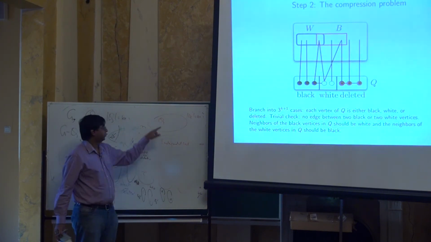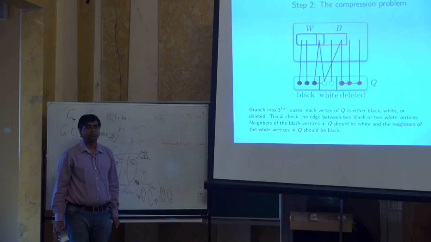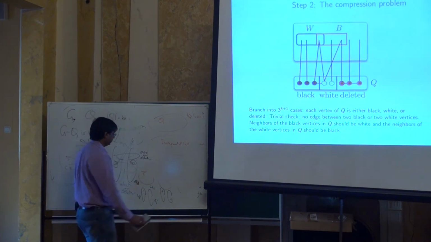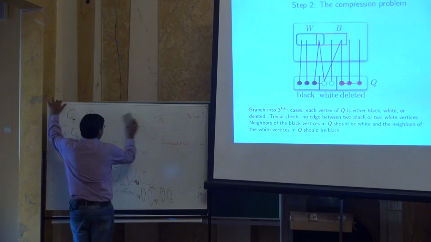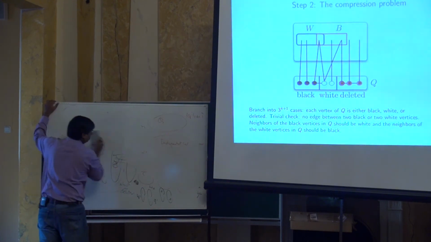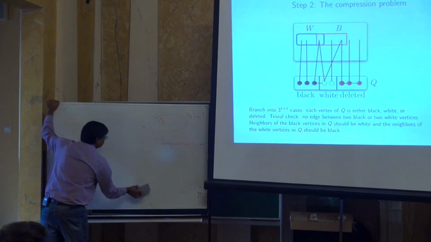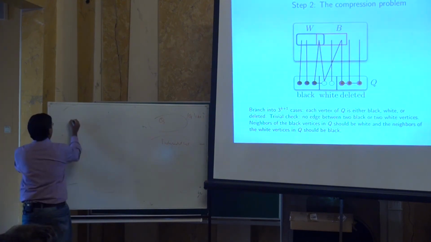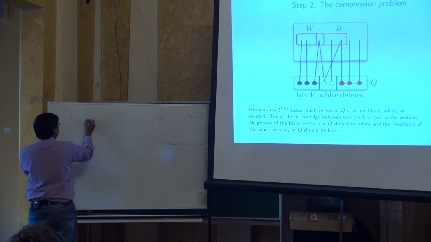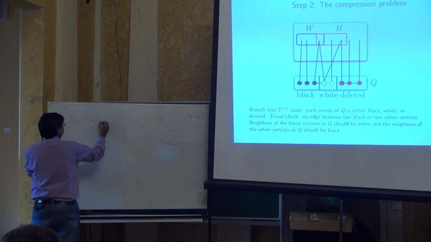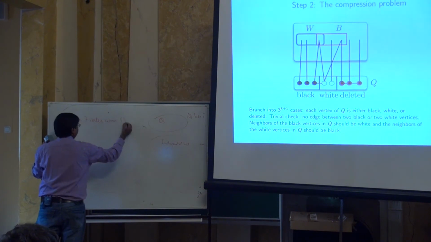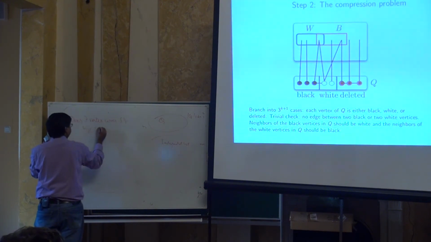One less than this Q. Okay? Does there exist a vertex cover S of size at most K?